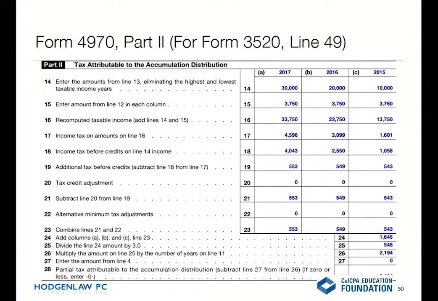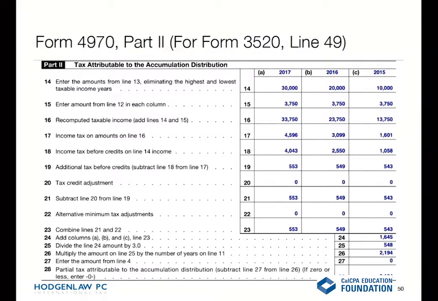We then take that 3750 that we had calculated previously, add that to those amounts. That gives us our, quote, recomputed taxable income. And we then use the form instructions to calculate the income tax on those amounts. And that basically just uses the tax rate tables to compute the income on that. You then take the number that is actual income tax before credits on line 14 income.